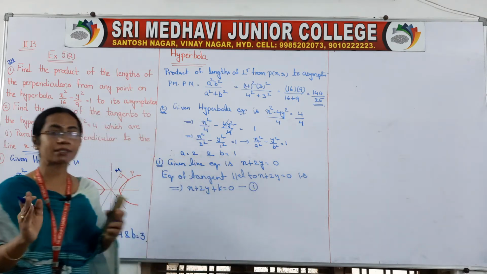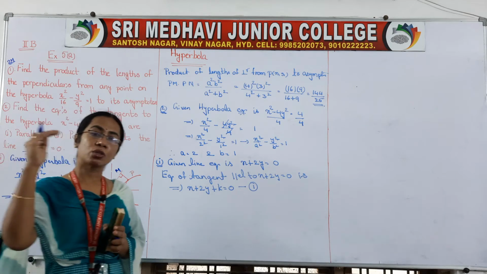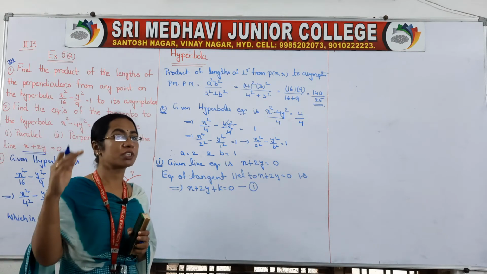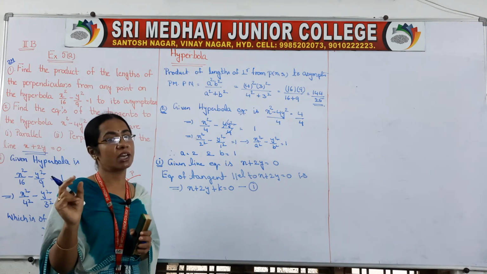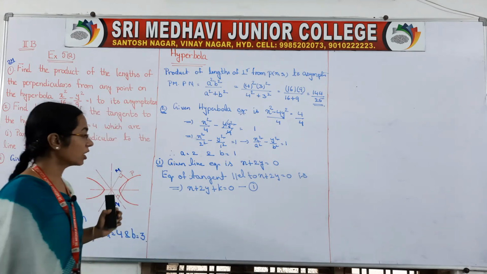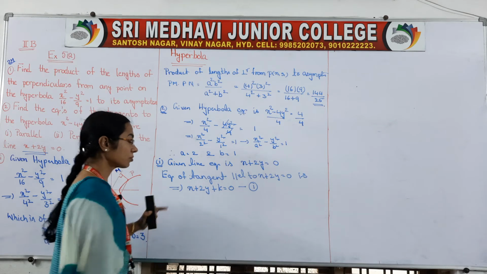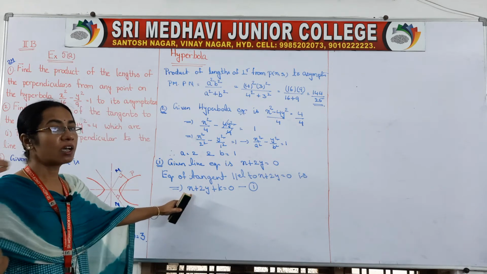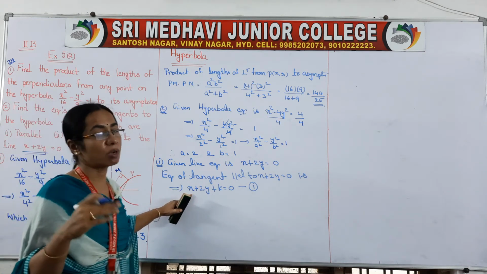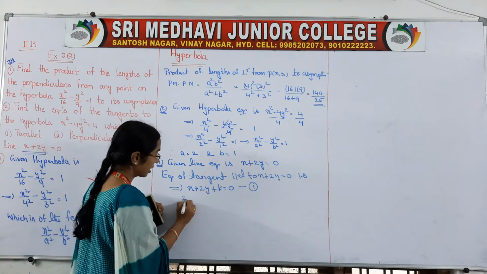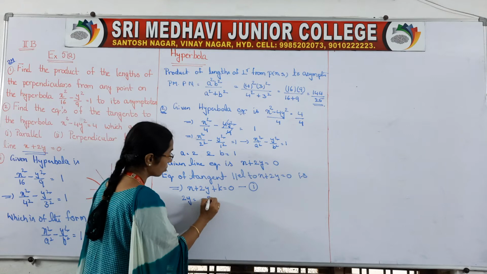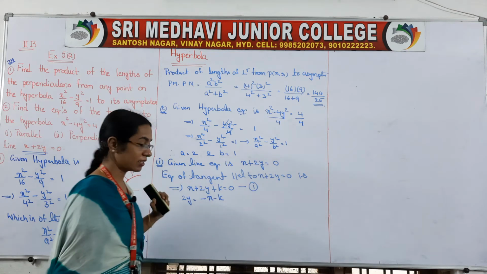Any two lines are parallel means the x coefficients and y coefficients will be the same, only the constant value will be different. Okay. So now try to write this in y is equal to mx plus c form so that we can apply the condition. So this can be written as 2y is equal to minus x minus k.